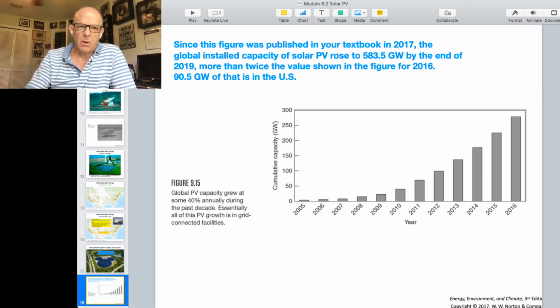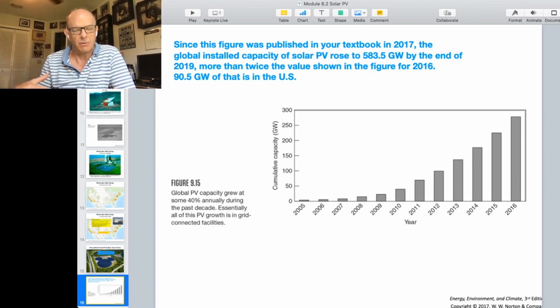So connected to the power grids means not just owned by utilities, but also the one on my house is connected to the power grid. And what that means is that right now, I'm recording this in the daytime. It's sunny. So the solar photovoltaic panels on the roof of my house are currently producing more electricity than my house is using, and the excess electricity is connected to the grid and is being used by Duke Energy, my utility, to supply power to other houses in the grid.